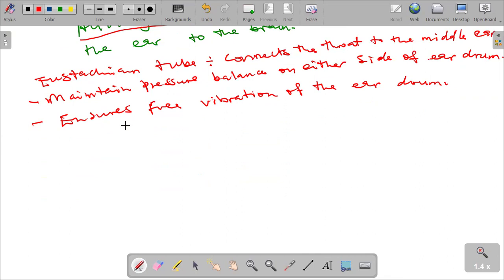Hence we are talking about the continuous building up of sound waves, then mechanical waves, and then nerve impulses from the organ of Corti, which takes the sound to the auditory nerve. The auditory nerve then takes the sound to the brain.